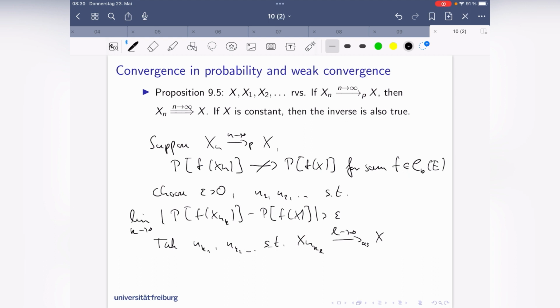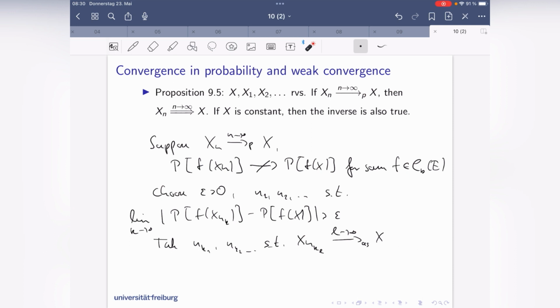But that cannot be, because since it's a subsequence, it converges here the same way as here. Because the sequence converges, any subsequence always converges to the same point.